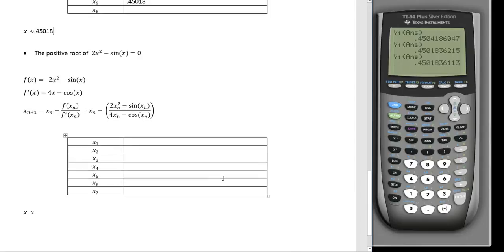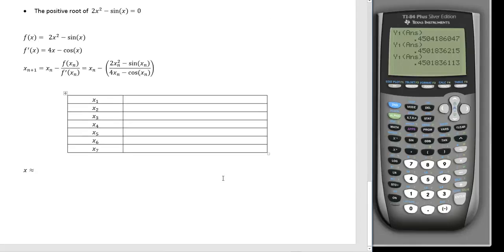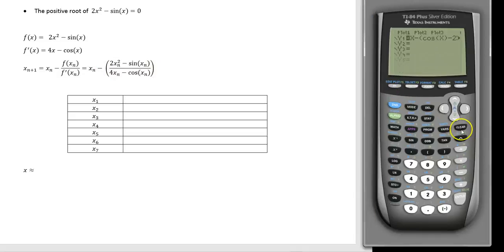So let's look at one more example of using Newton's method. So find the positive root of 2x squared minus sine x equals 0. So we have our function, its derivative, and we combine together for this Newton's method iterative approach. And let's go ahead and clear everything out, and we plug the original function in.